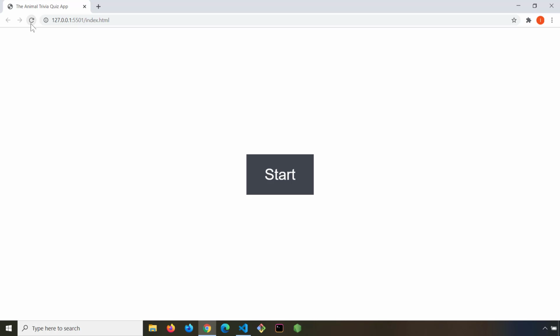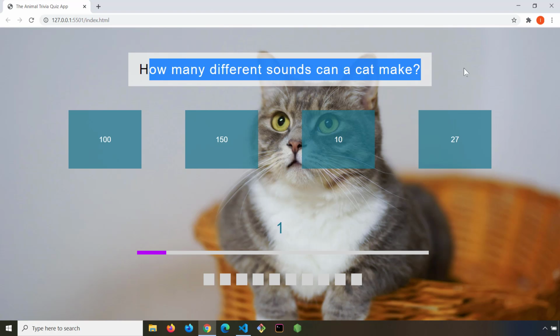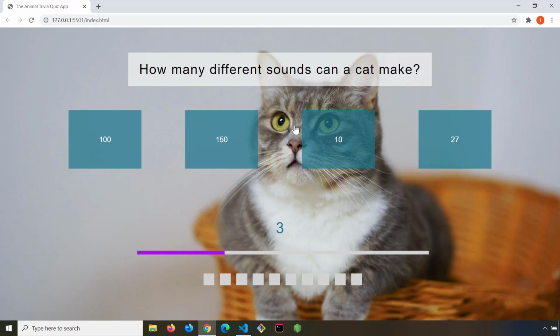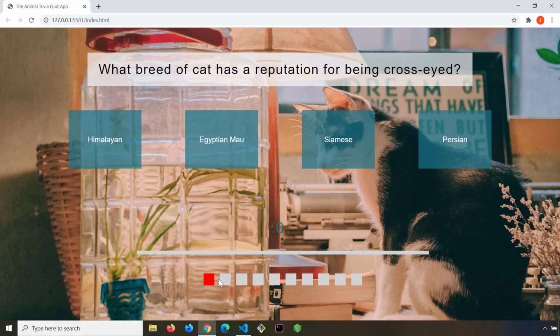So I'm just going to click refresh and I'm going to click start. So at first we have a question, and then we have 4 answers. One of the answers is correct, and whenever we hit the correct answer, one of the boxes in the bottom, which corresponds to that question's number, is going to either turn red or green, right?